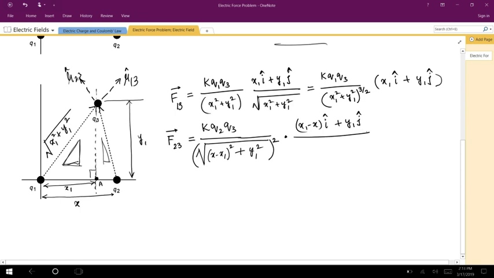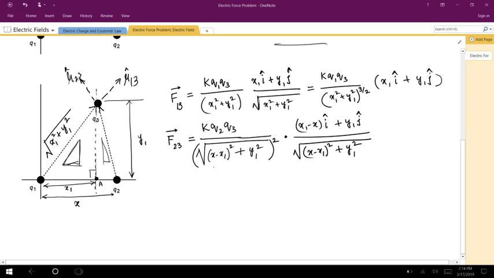And let's check if this x1 minus x i hat is correct or not. Well, x1 is smaller than x, so that's a negative quantity. So really this vector is pointing along the negative x direction and the positive y direction, which is correct, which is what we want. And then we again have a copy of the square root of x minus x1 squared plus y1 squared.